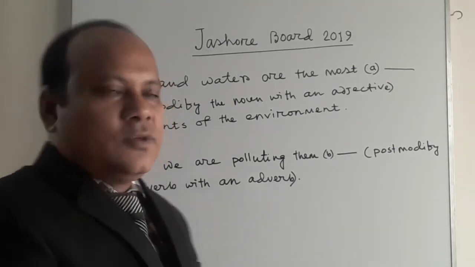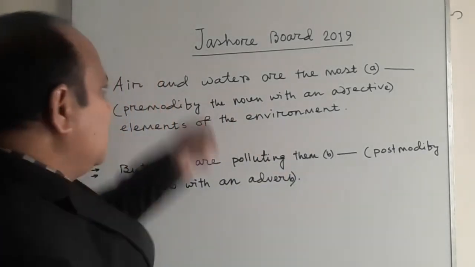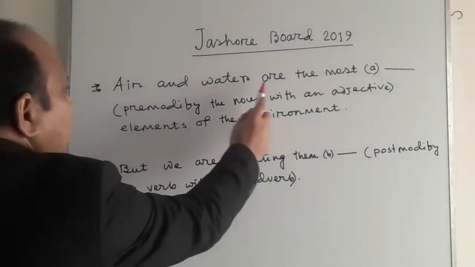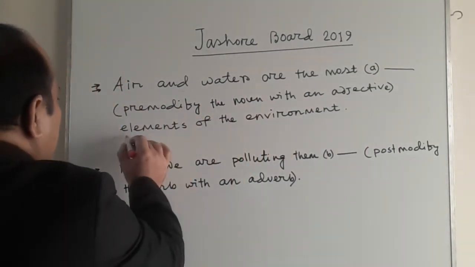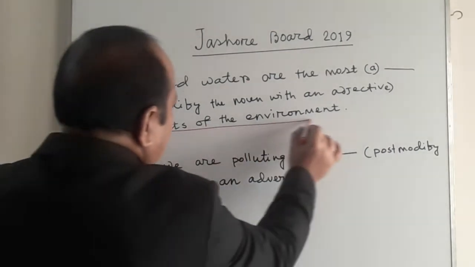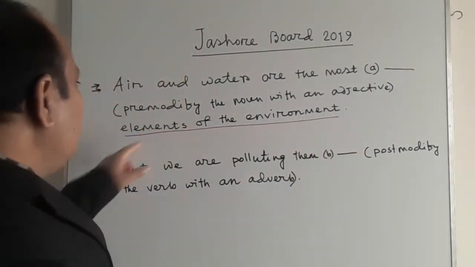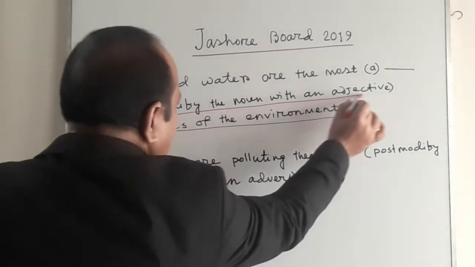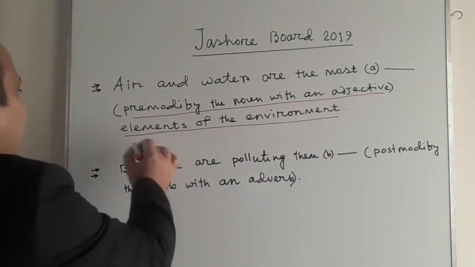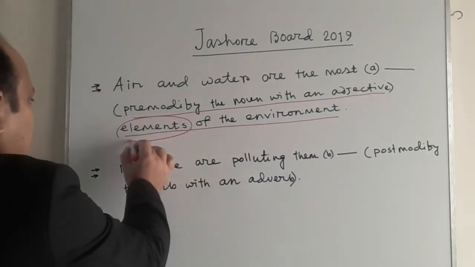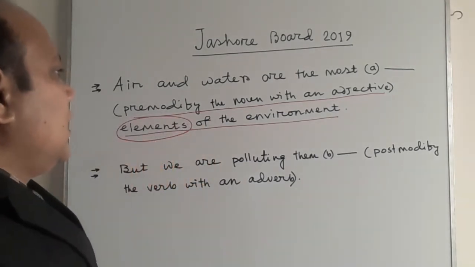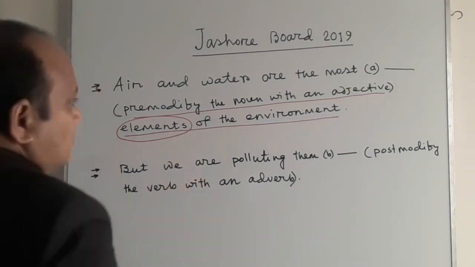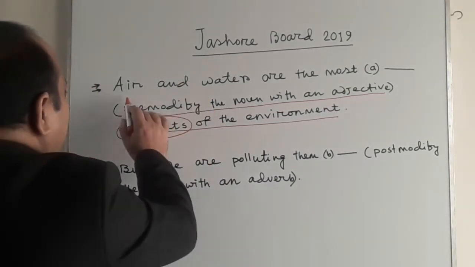My dear students, come to the point. Joshua Board 2019. Air and water are the most dash elements of the environment. You are asked to pre-modify the noun with an adjective. So before this noun element, we have to use an adjective. What would be the adjective? We can just apply our brain.